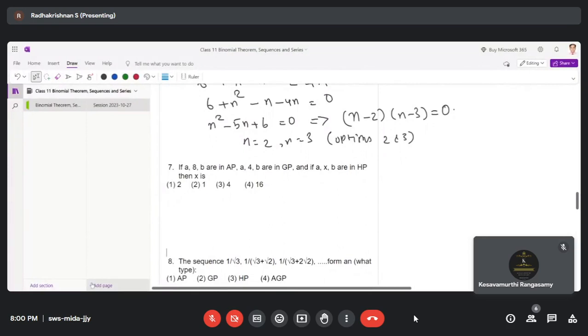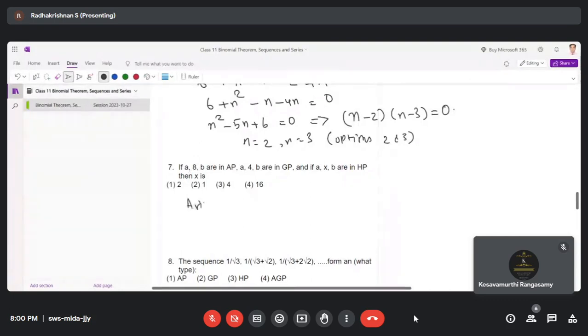Okay. Now, if A, 8 and B are in AP, A, 4 and B are in GP, and A, X and B are in HP, harmonic progression, arithmetic progression, geometric progression, harmonic progression. So, A and B in this order, if it is like this, then the arithmetic mean of A and B is 8. Okay.